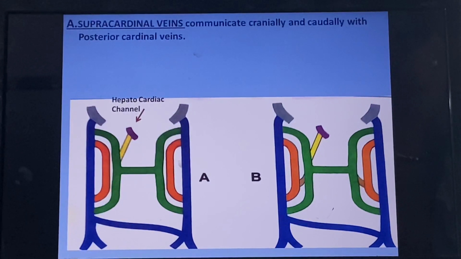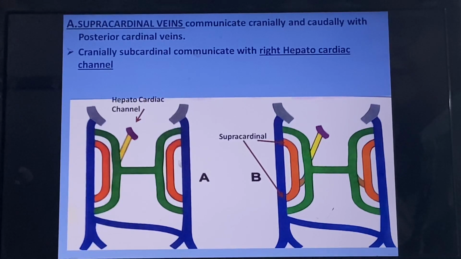Now the next step is the supracardinal veins. They communicate cranially and caudally with the posterior cardinal vein, you can see in the diagram. Cranially, the subcardinal communicates with the right hepatocardiac channel, that is very clear, so an anastomosis is formed between the subcardinal and the hepatocardiac channel.